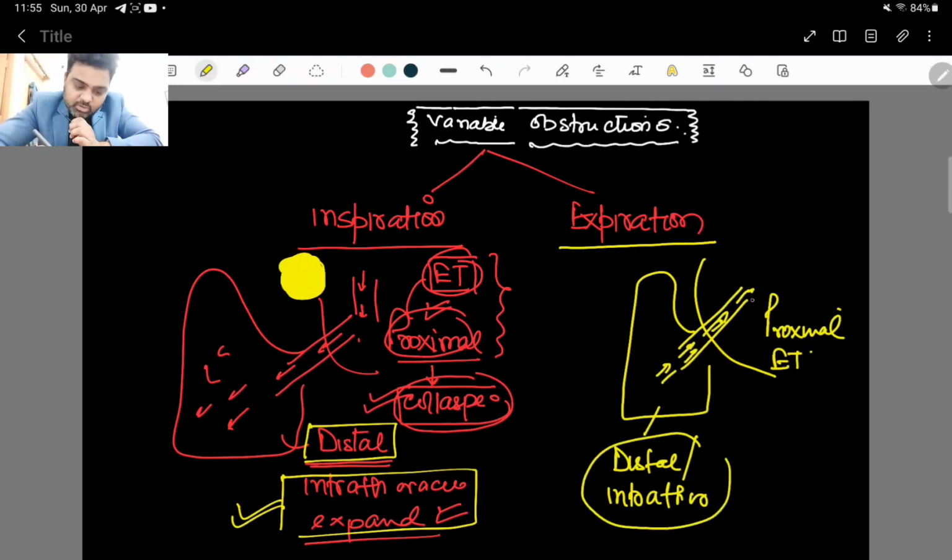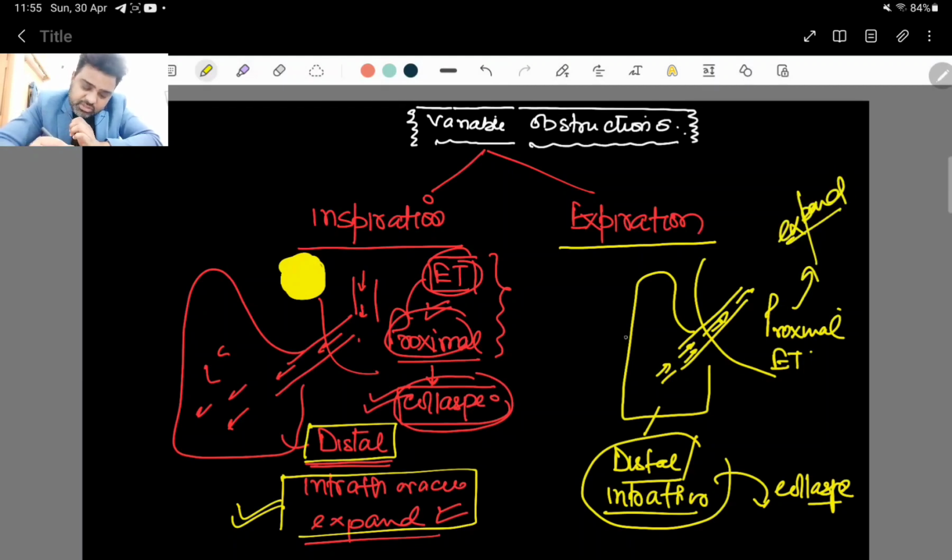Since air is going outside, the distal part or intrathoracic part has a tendency to collapse, and the proximal part has a tendency to expand. So if there is a tumor or any variable obstruction in the intrathoracic area, it will mainly affect the expiration part. Why?